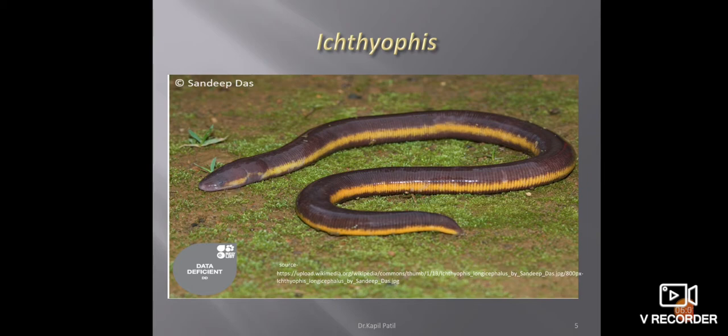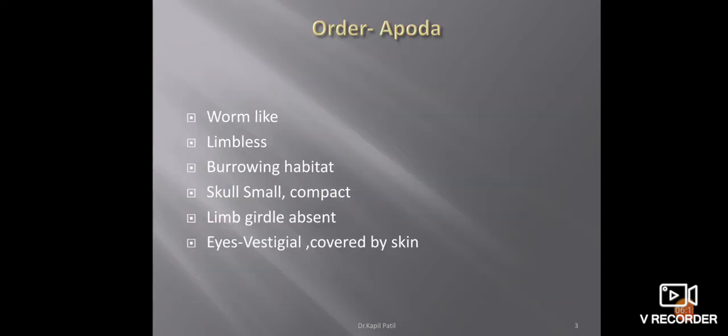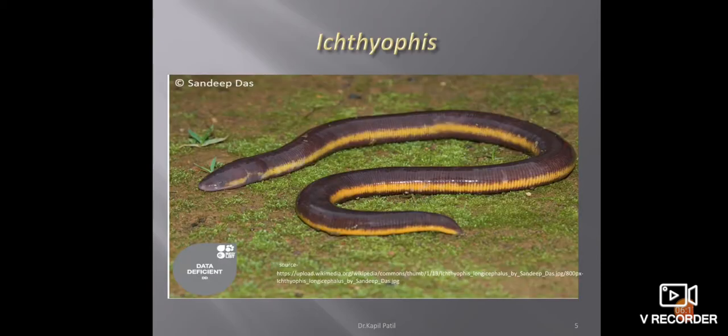It is a blind animal, as skin covers the eyes. Their size is 30 to 35 centimeters. The tympanum is absent in Ichthyophis, though present in other orders. Their skull is very compact, and their tail is also rudimentary.